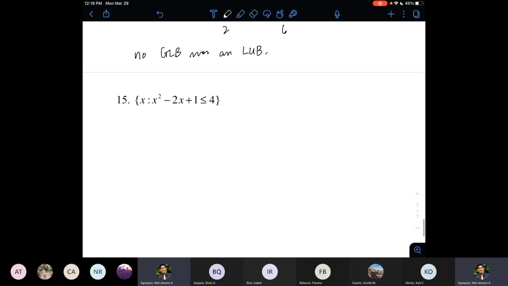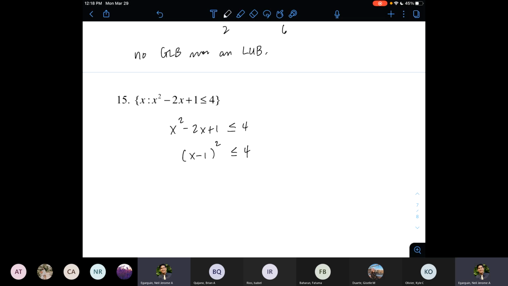So for this case, I will solve the inequality x squared minus 2x plus 1 less than or equal to 4. But I'll notice that the left side can be factored. In fact, it is a perfect square trinomial. It is x minus 1 quantity squared less than or equal to 4, right?